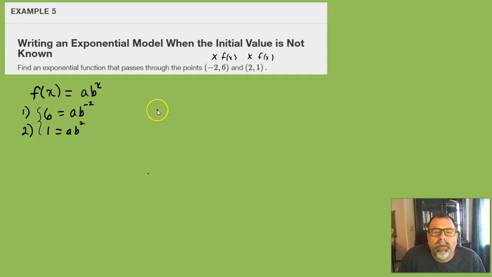So we're going to take equation 1 and we're going to solve it for a or b, it doesn't matter which. A is probably easier. Let's see what the book did. Yeah, they solved it for a. So you're going to divide both sides by b to the -2, solve for a.